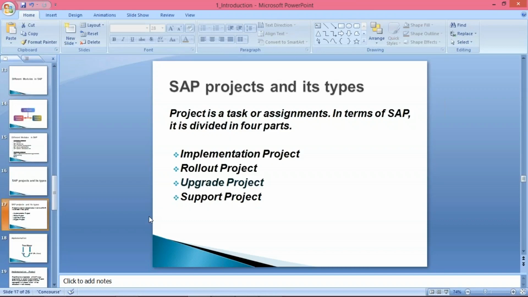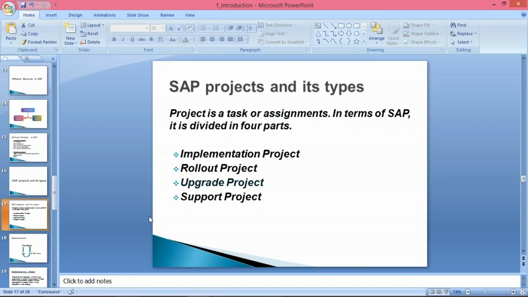You're part of the ABC project. ABC project means that is the name of your client. Let's suppose we have Adidas. Adidas is a very huge company. They're using SAP. So what will happen? The Adidas project is going to be handled, let's suppose, by Wipro Technology or Infosys. If you join Infosys, then Infosys HR will say that you are going to be part of the Adidas project, and it's an implementation project.